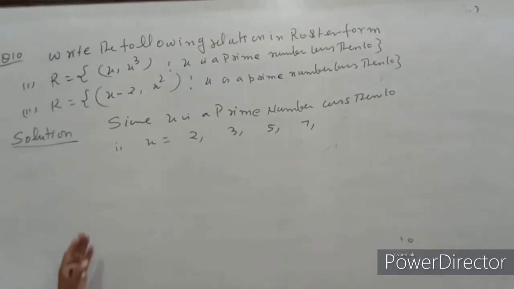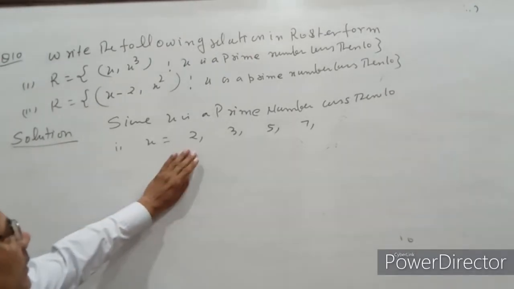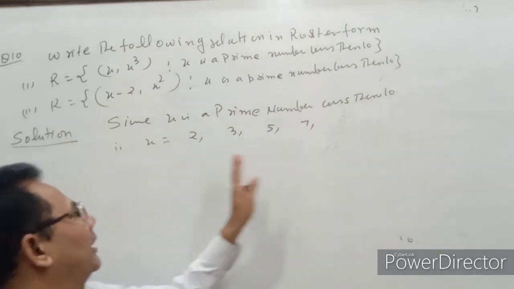So there are only the prime numbers which are less than 10, are these.